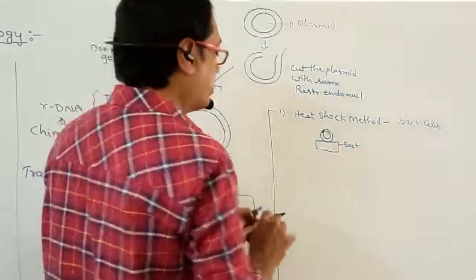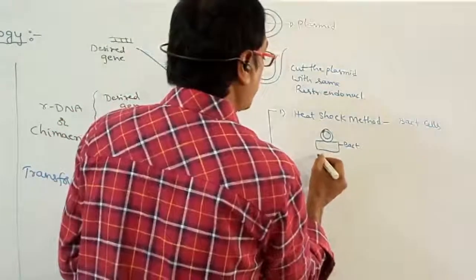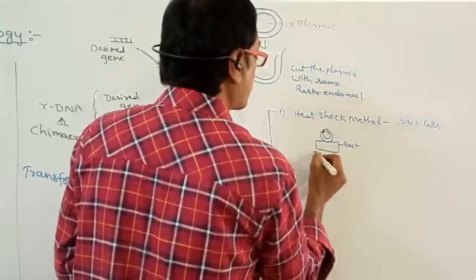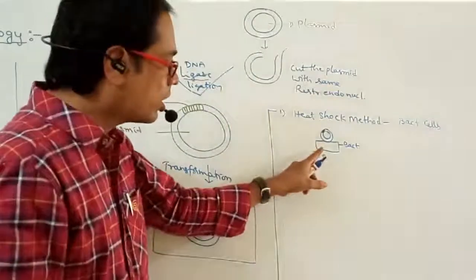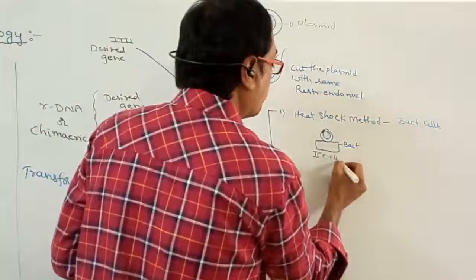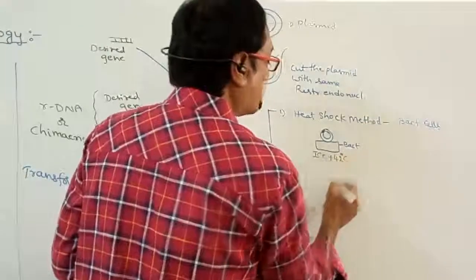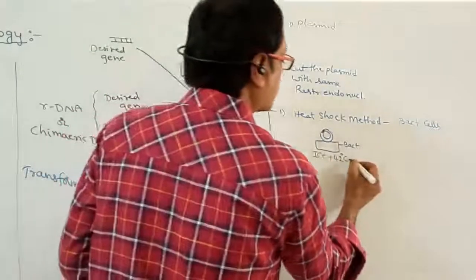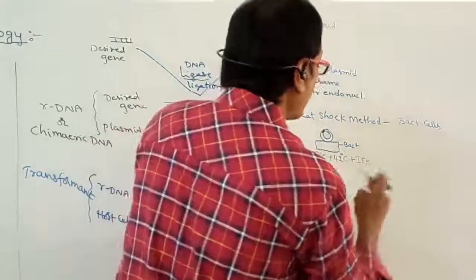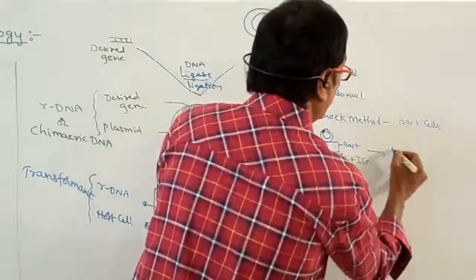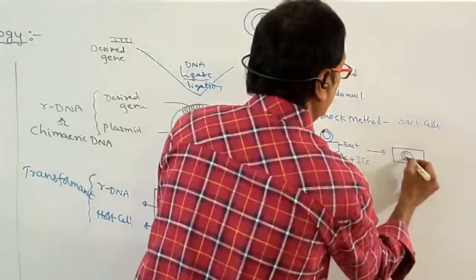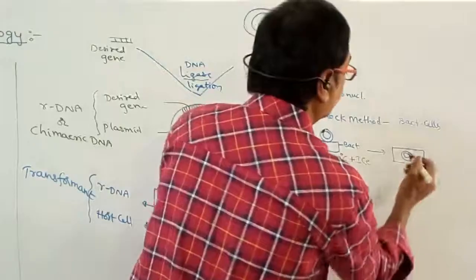First of all, we have to keep it on ice, and then it is heated at a temperature of 42 degrees centigrade, and then it is again placed on ice.